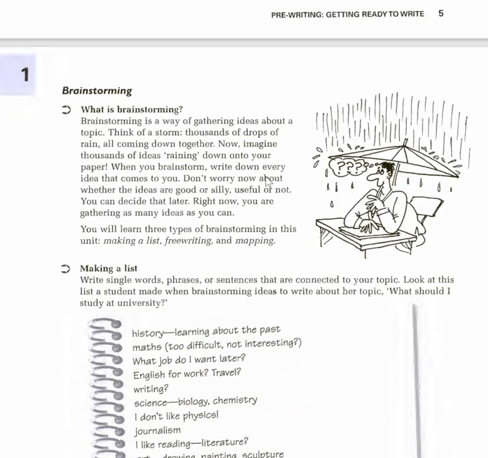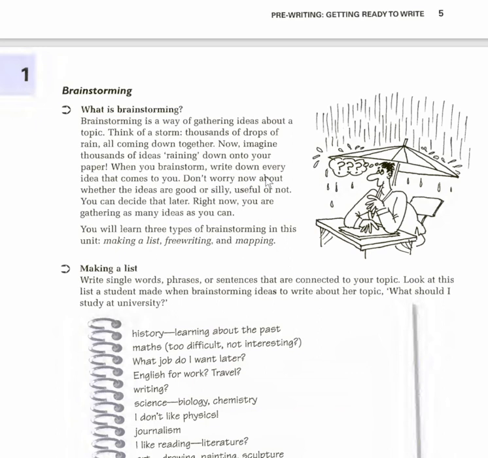This step is very important for any writer, even the professional ones, because when you gather ideas, writing will be easier for you. So it's very important that you do the brainstorming step before you start writing your paragraph or your essay.